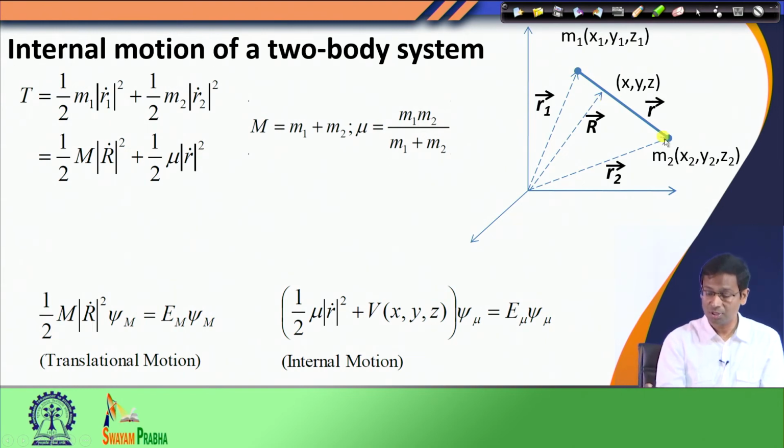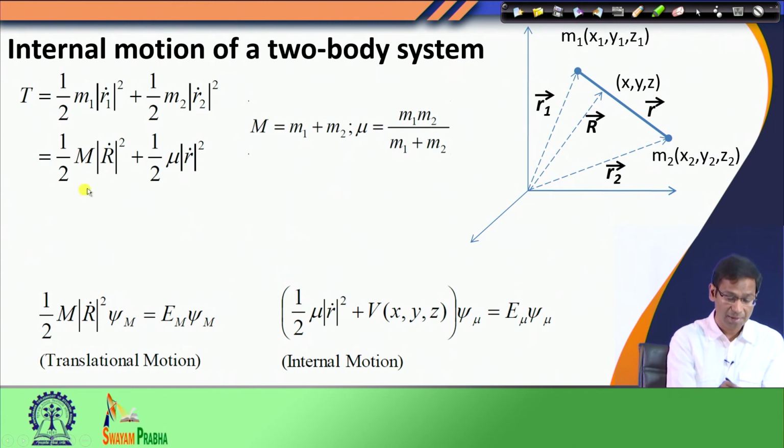The internal motion will be reflected by this small r when the distance of the two masses changes, for example, when the two body is rotating or when the two body is vibrating. On the other hand, the first term represents the overall translational motion of this two body system.